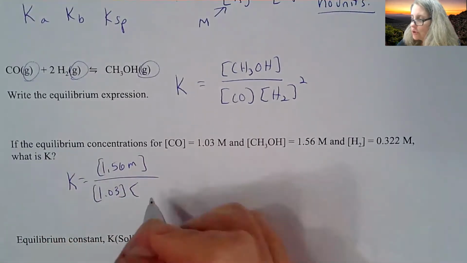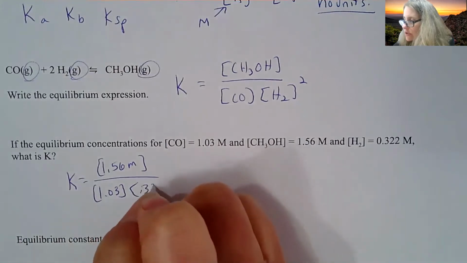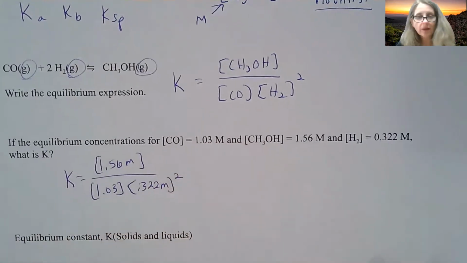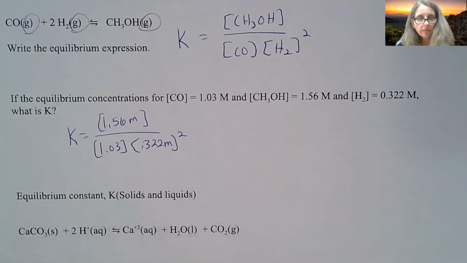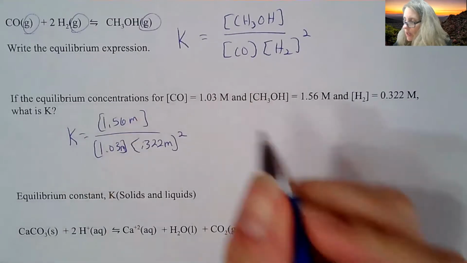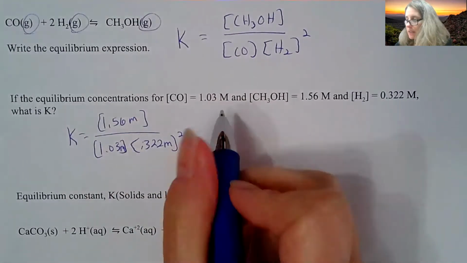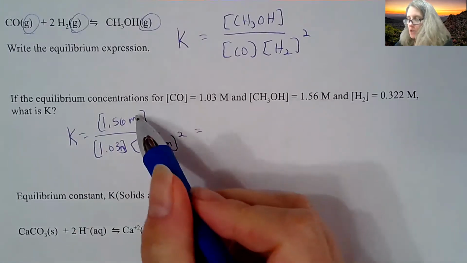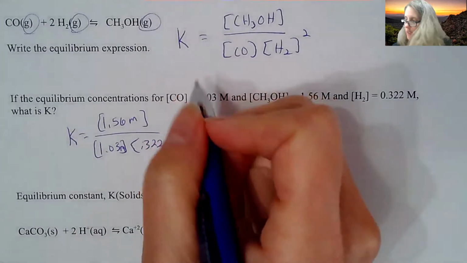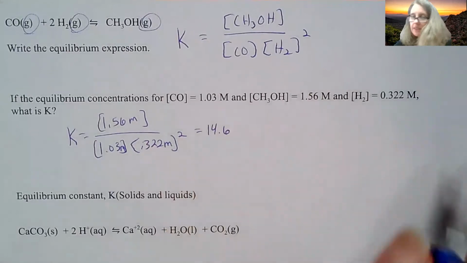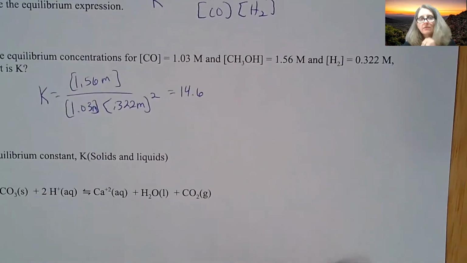My H2 is 0.322 molarity, and I have to square that on the bottom. Molarity doesn't really matter because there are no units for this. When you plug it into your calculator, you get about 14.6. Again, no units, so that's good.